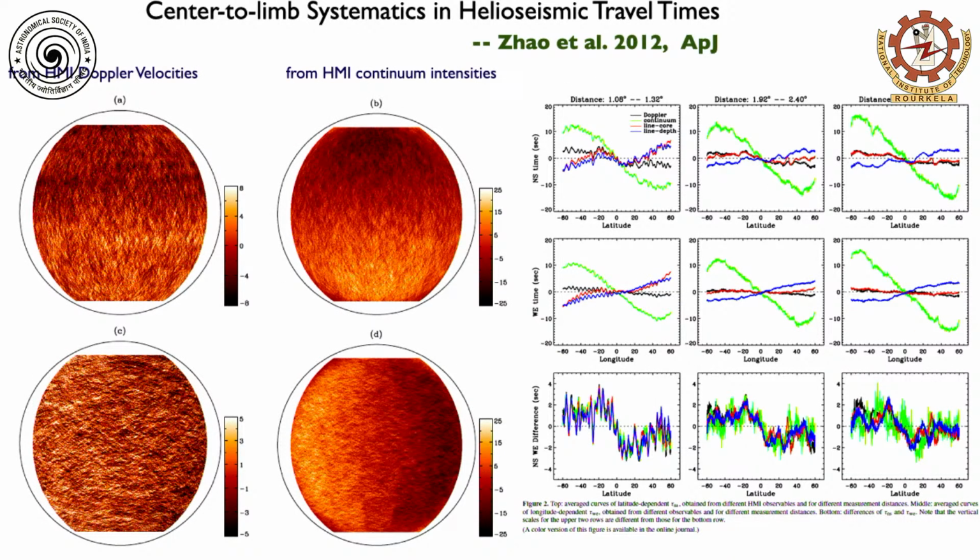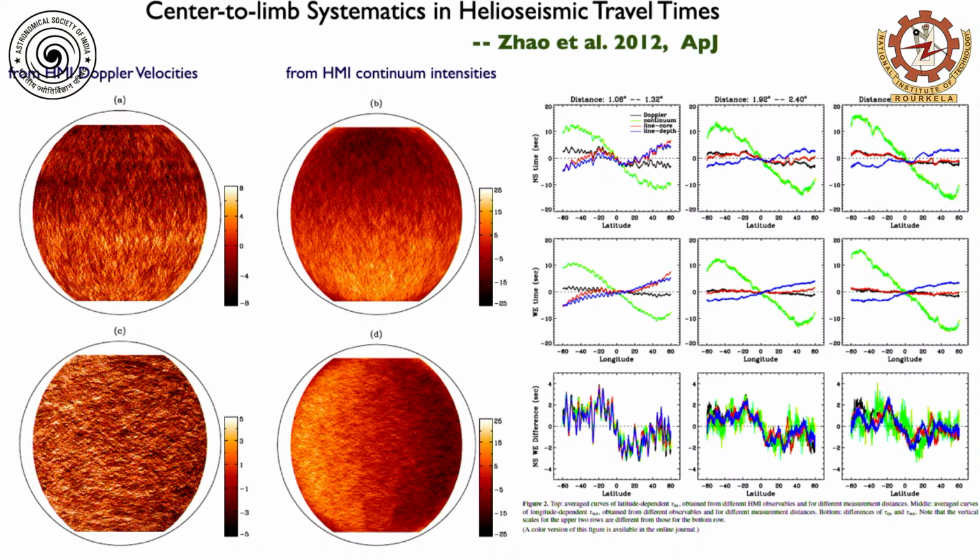Okay, so later, after the Solar Dynamics Observatory was launched, up to then, going deeper than 40 megameters was very difficult. We could not measure the travel times accurately enough to measure the small flows deeper than 40 megameters. But around 2012, after SDO was launched, the group at Stanford discovered something called center-to-limb systematics in the measurement of travel times.